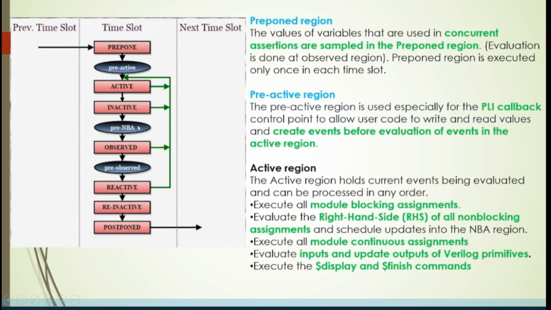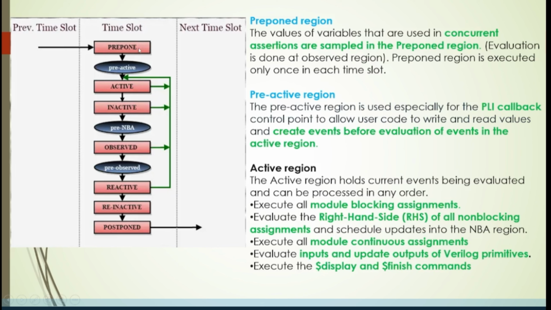Pre-NBA and pre-observed are further categorized into post-NBA and post-observed, so two more regions were added in later versions. This is the basic version where only 10 were introduced, and in the next versions 12 regions were introduced. These are the things you need to remember.